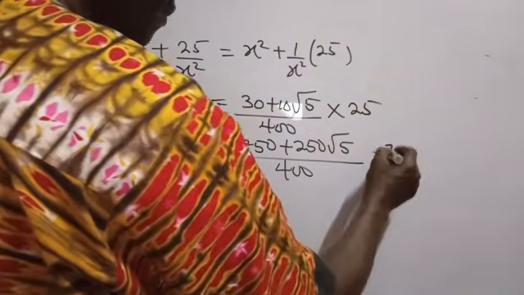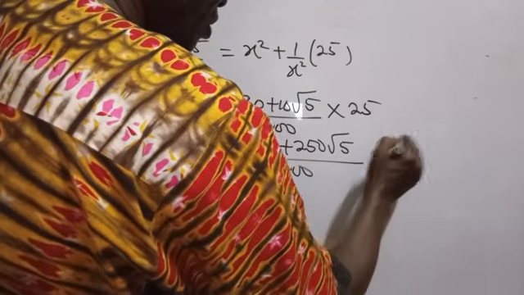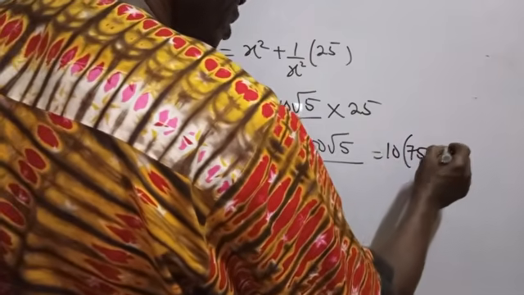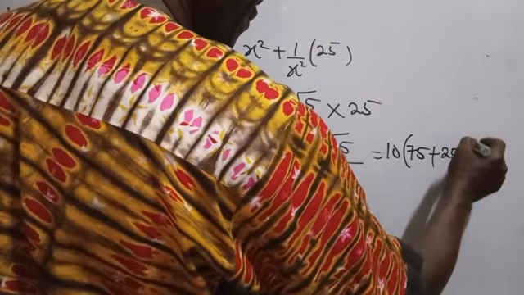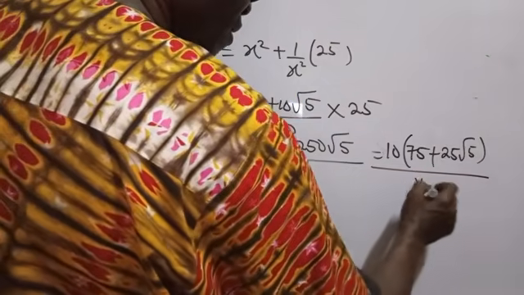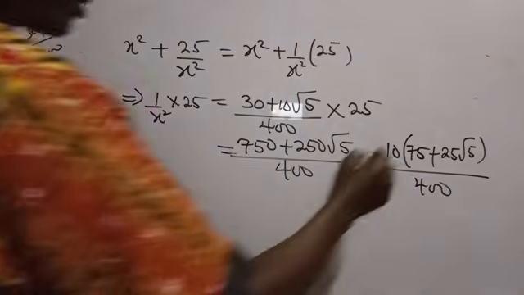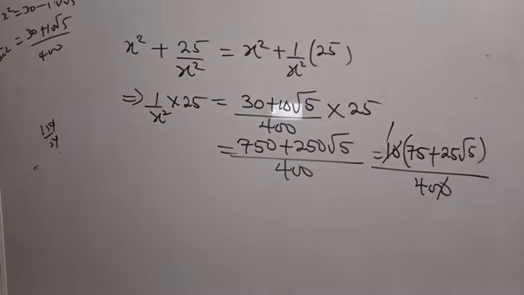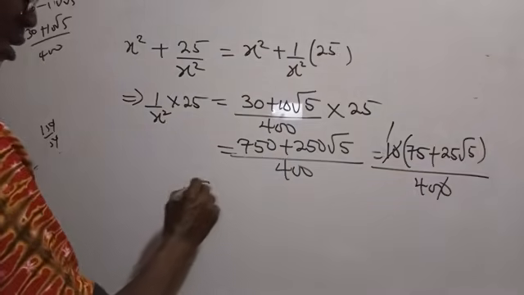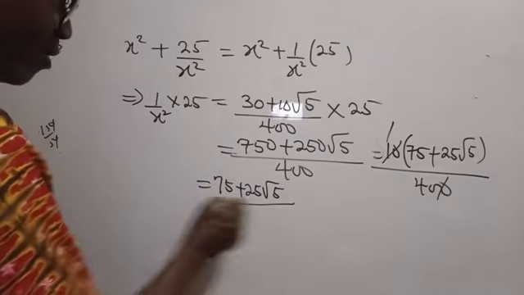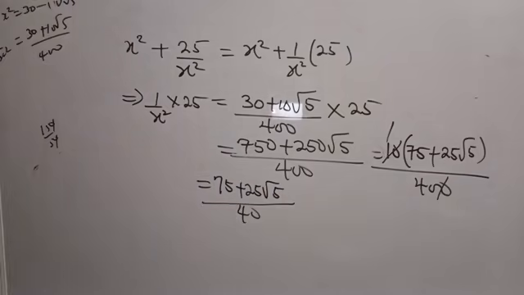Okay, 75. This will be 10 into bracket 75 plus 25 root 5. Yes, all over what? This is 400. Beautiful. So 10 here, you mean to feel 40 here. You can also have more. So 75 plus 25 root 5 all over 40. 5 can also go again. Yes, 5 can go again.